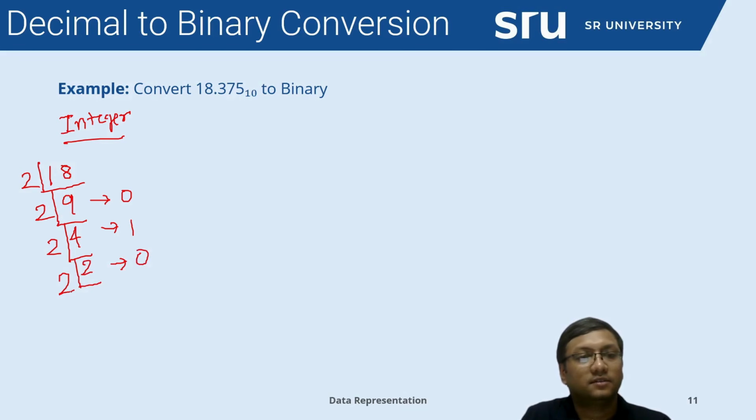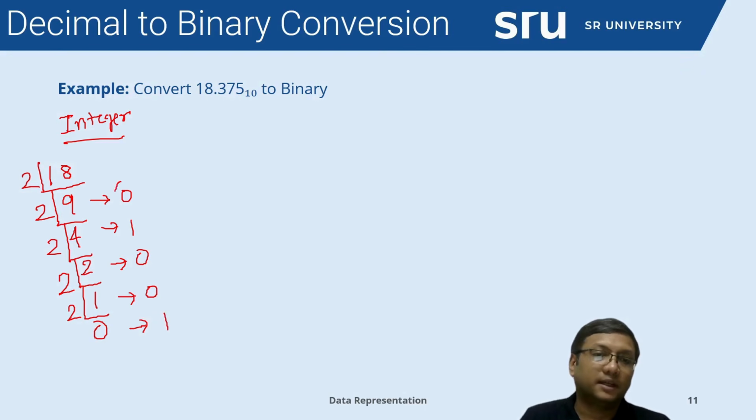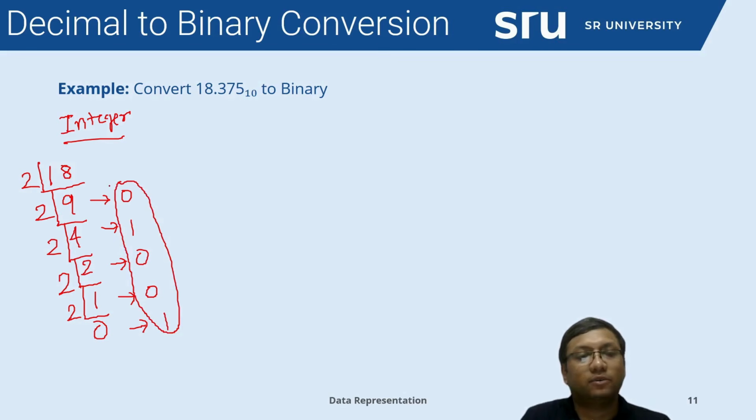Again, the quotient is 1 and the remainder is 0. Again we divide 1 by 2. So definitely the quotient will be 0 this time, because 1 is less than 2, and the remainder is 1 itself. So now we get the complete set of the remainders collected from this division process.